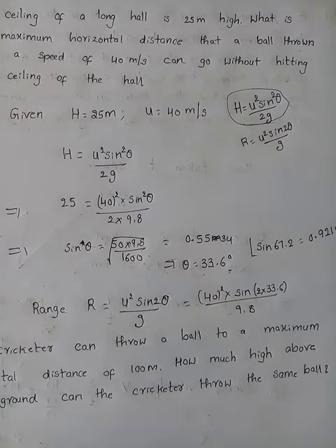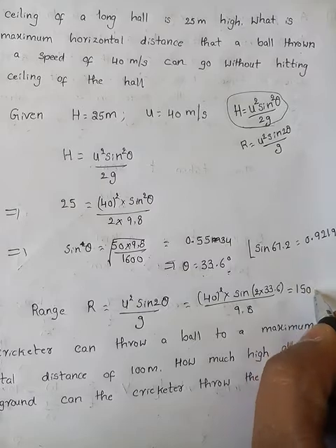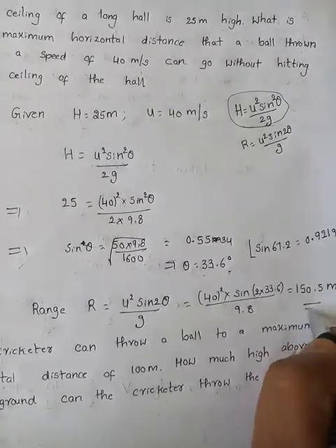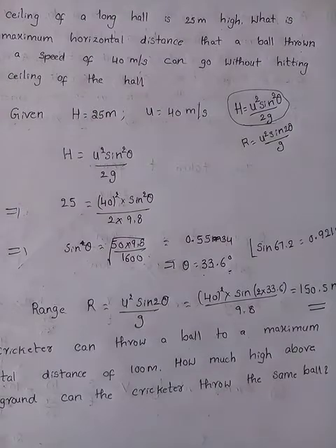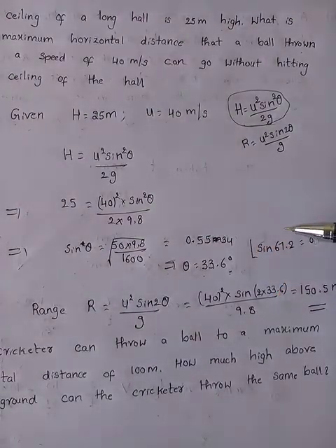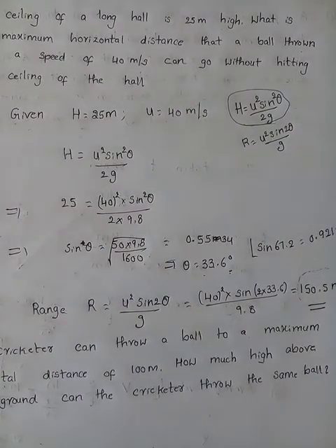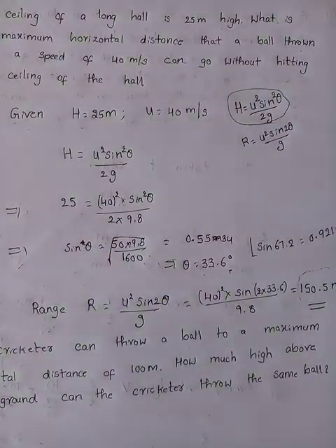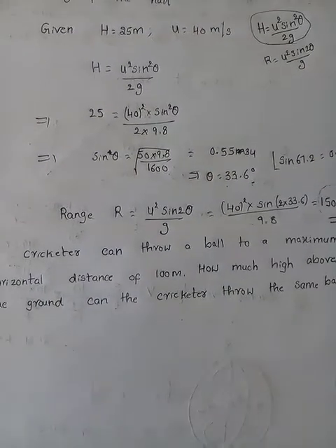If you substitute that value, the range we got is 150.5 meters. The ceiling of the hall is 25 meters, and if you project at an angle of 33.6 degrees, the maximum distance travelled is 150.5 meters. The next question is very simple compared to this one.